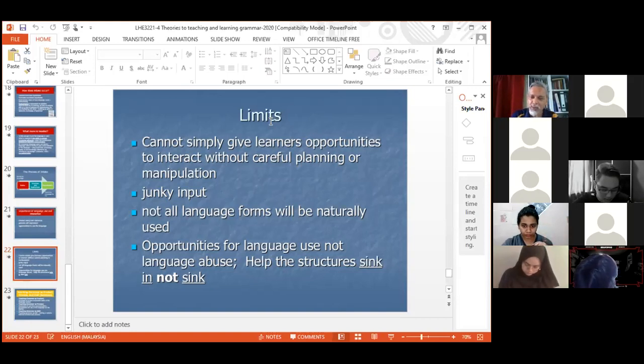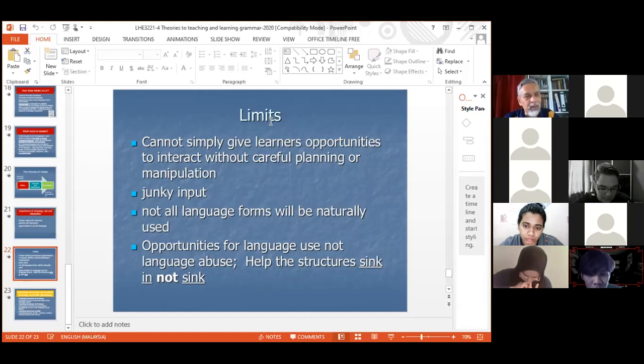So if he wanted to teach past tense, ed, or irregular forms, then he has to design a lesson where there will be opportunities for the students to use past tense, and will also be something that they will really want to express. Okay, so we have to design a context, a situation where they will use some past tense in that manner.